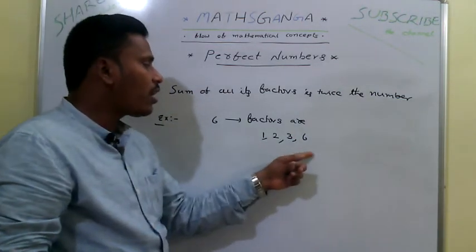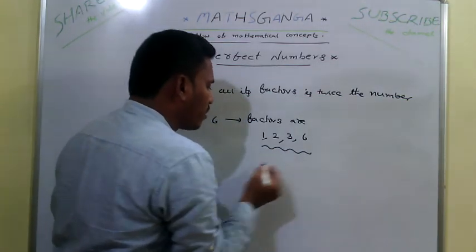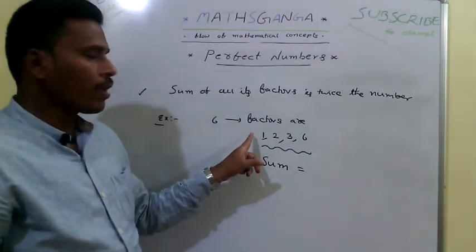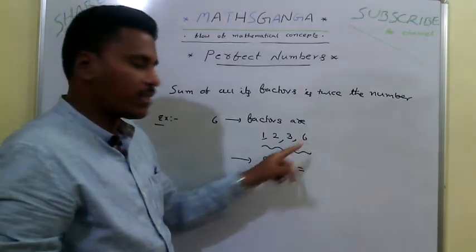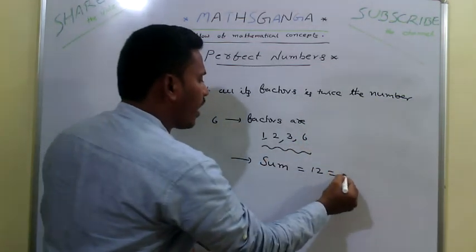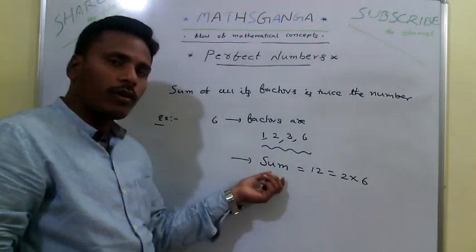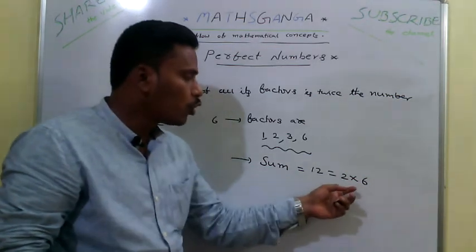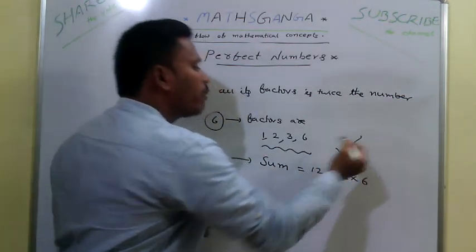Since these are the factors of 6, if you add all these factors, what is the sum? 1 plus 2 plus 3 is 6, plus 6 is 12. This 12 is again 2 into 6. So for 6, the sum of factors is equal to 2 times 6. So we call this 6 a perfect number.